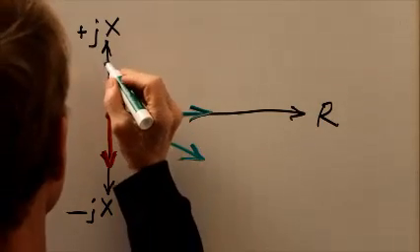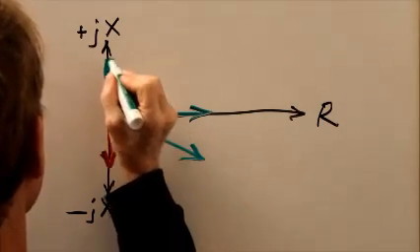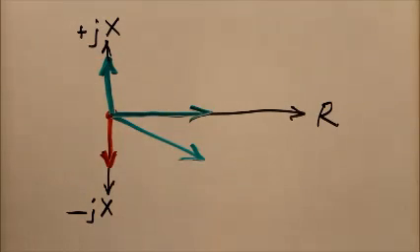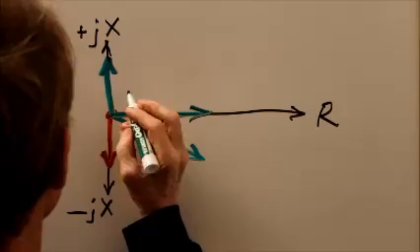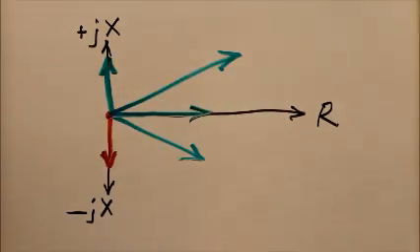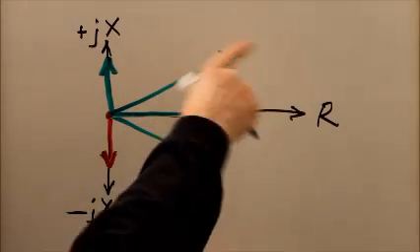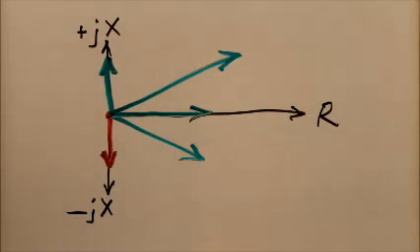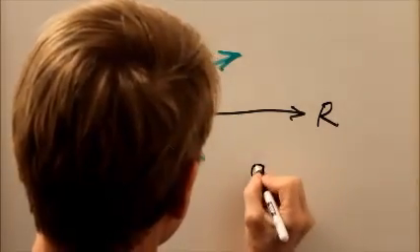If we have a pure inductive reactance, the vector representing it would point straight up. That would be like an ideal coil of wire at some alternating current frequency. And if we combine some inductive reactance with resistance, we get a vector that points upward and to the right like that. But again, the correct answer to this question is A.